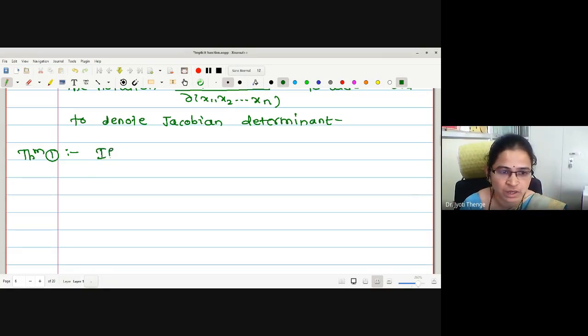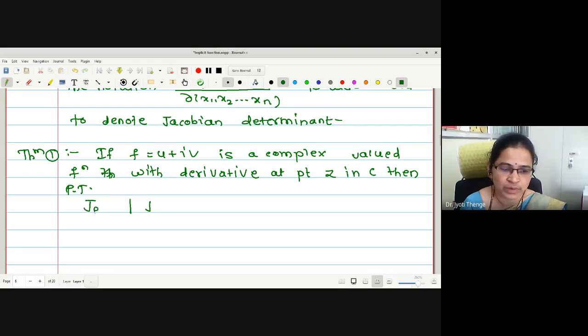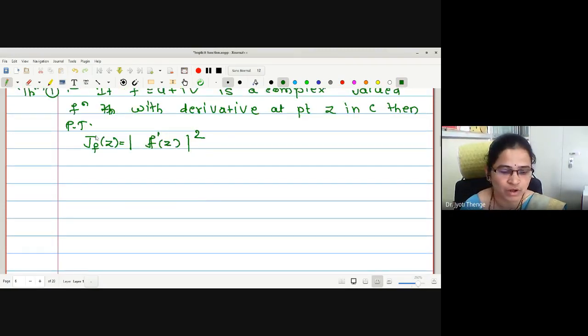If f = u + iv is a complex valued function with the derivative at the point z in C, then prove that the Jacobian determinant of the function f at the point z is mod of f dash of z, whole square.